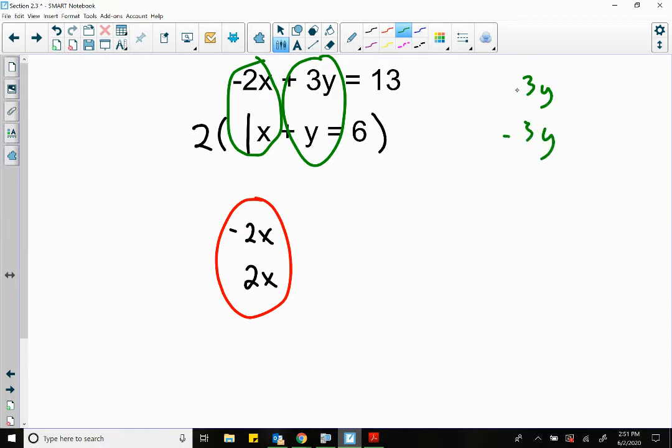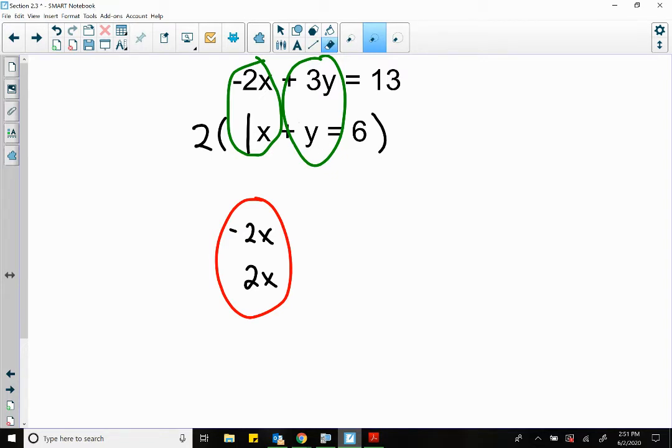I would have kept the top positive because it's already ready to go. I already had the positive 3y there. And I would have multiplied this guy by a negative 3. Okay? So if I wanted to get rid of the y's, I would have done 3y, negative 3y.